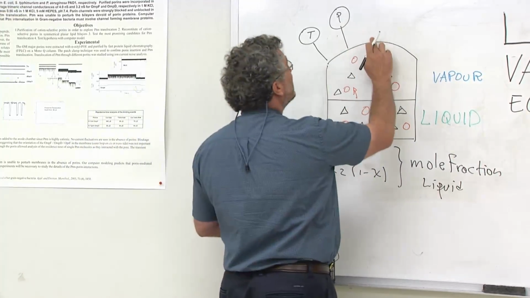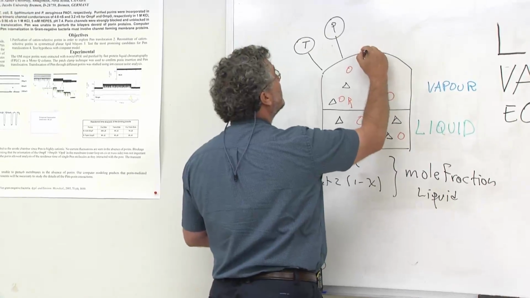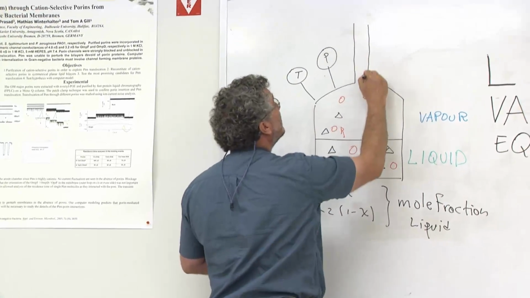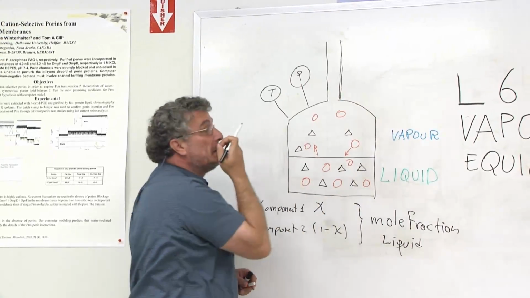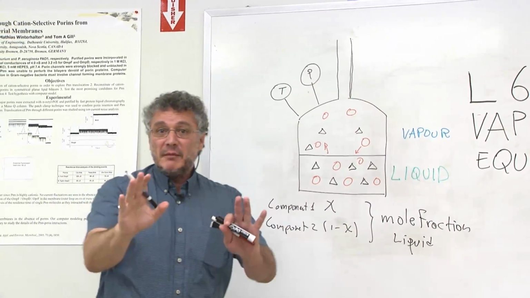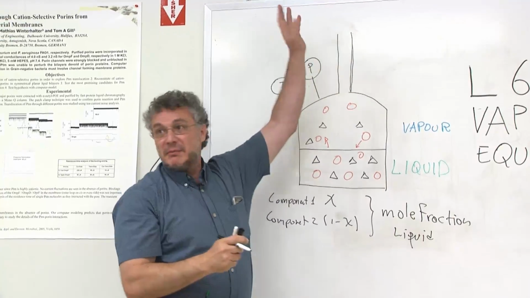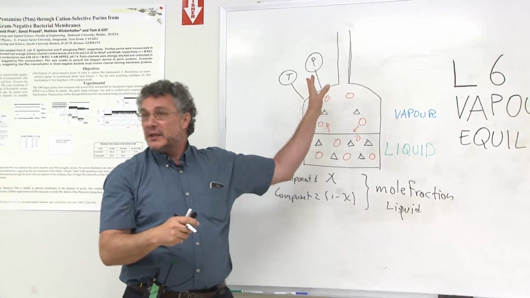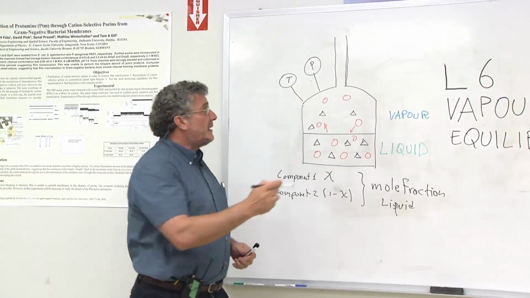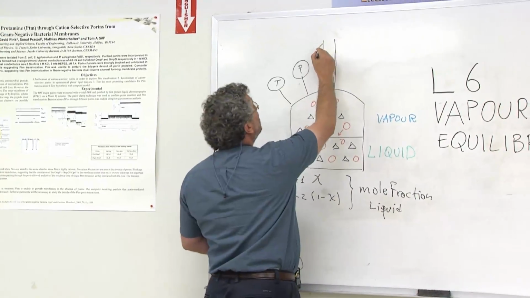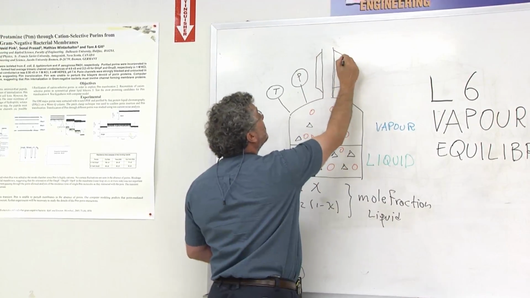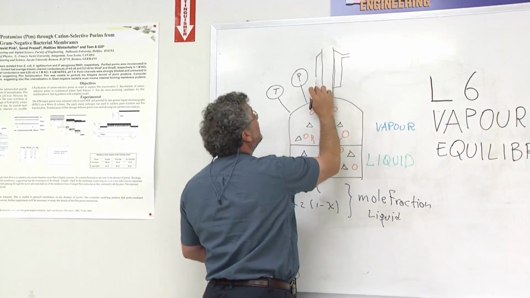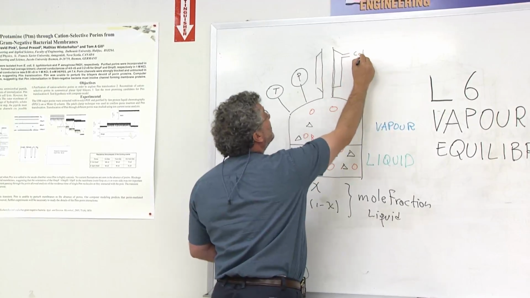This is exactly what we are going to do by using a trick. And that trick is that we're going to open this here, and we're going to allow this to be open to the atmosphere. And then you would say, hey, wait a minute, but all the vapor is going to escape to the atmosphere and air is going to come in and so on. So to prevent that from happening, we're going to place a condenser stream here. So there's going to be cold water coming in here, right? Cold water.